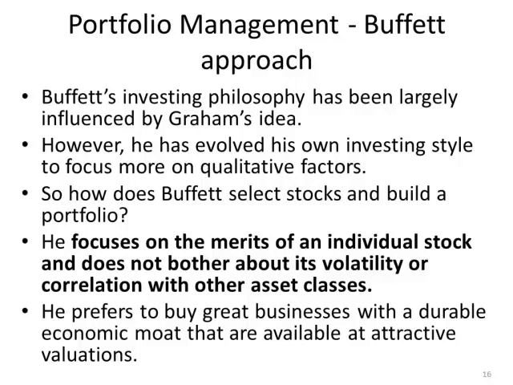Because his style is so focused on the qualities of an individual company, you can see why it doesn't really matter what its volatility is or what its correlation with other asset classes is, right? It's all about that individual company and finding the best stock from that individual company perspective, and not really worrying about bigger factors like correlations with other asset classes.